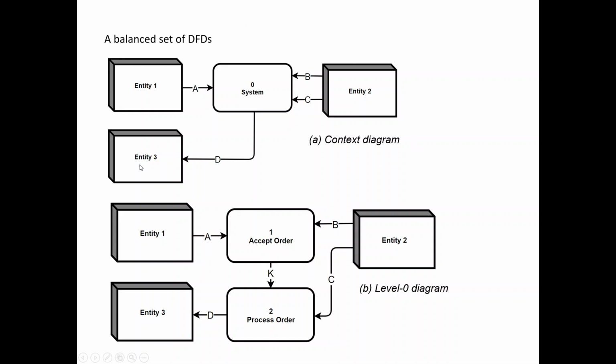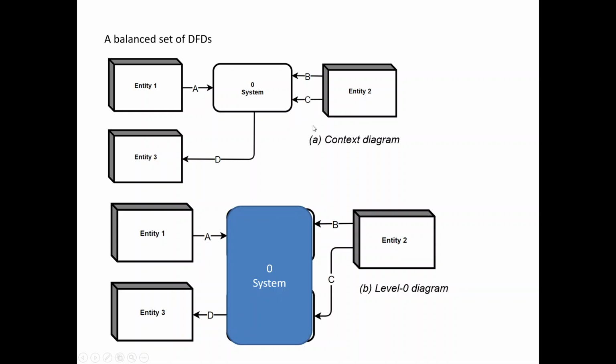We need to add entity 3 to the context diagram, and also include a data flow, just like here, from the system to entity 3. And also we need to reverse the direction of data flow C. After that, if you cover the 2 processes in the level 0 diagram and compare these 2 diagrams, they are totally consistent.